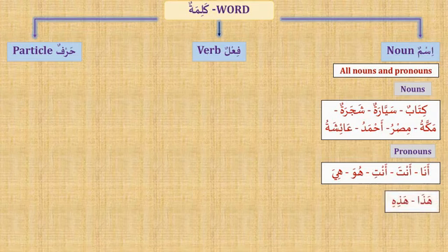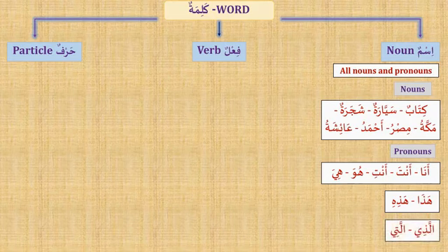And for demonstrative pronouns هذا and هذه, هذا this for male and هذه this for female. And relative pronouns الذي and التي, they mean which, that, who.